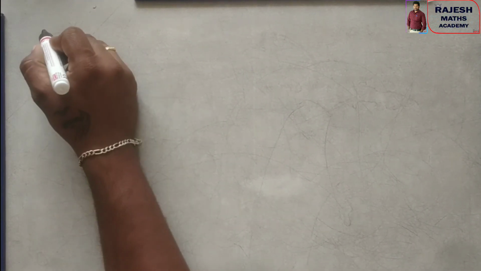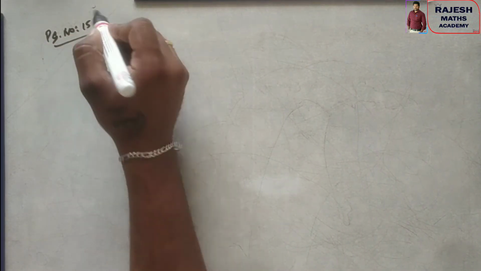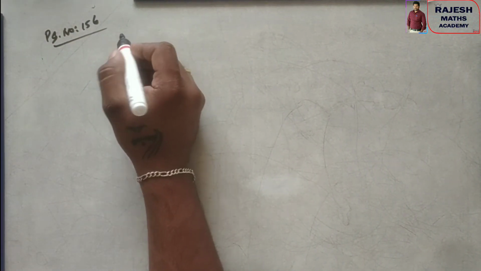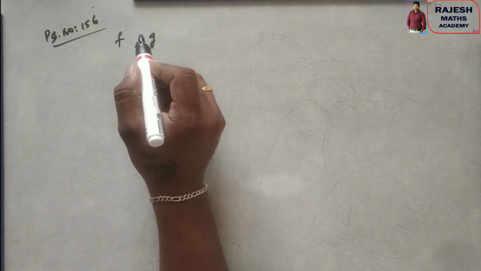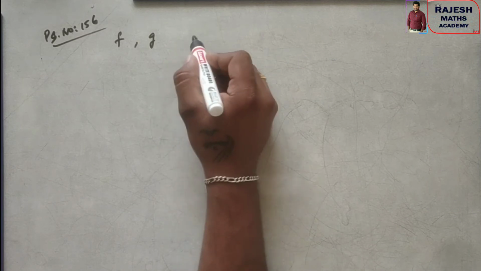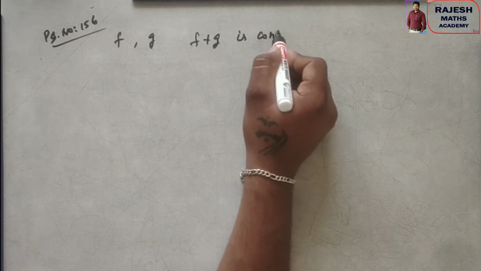Now theorem 1, page number 156, the theorem is given in our textbook. What does theorem 1 mean? If f is a continuous function and g is a continuous function at a real number c, then we can say that f plus g is continuous.